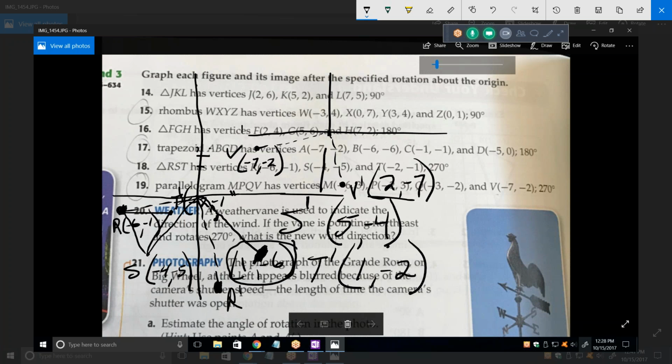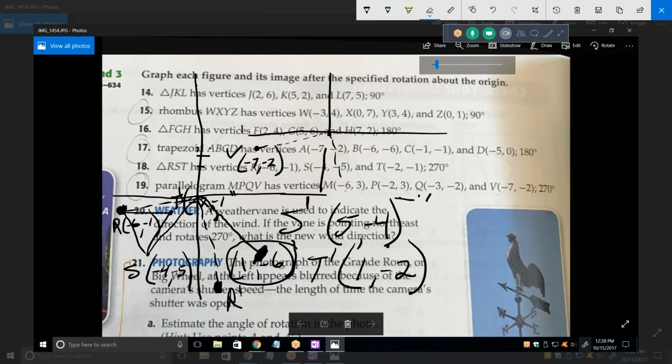In other words, whenever you do a 270 degree rotation, you flip the sign on the y coordinate and switch the numbers. So that's all I have to do for every one of the vertices on 19: flip the sign on the y coordinate, the -2, and then swap the numbers. So that's what I'm going to do.